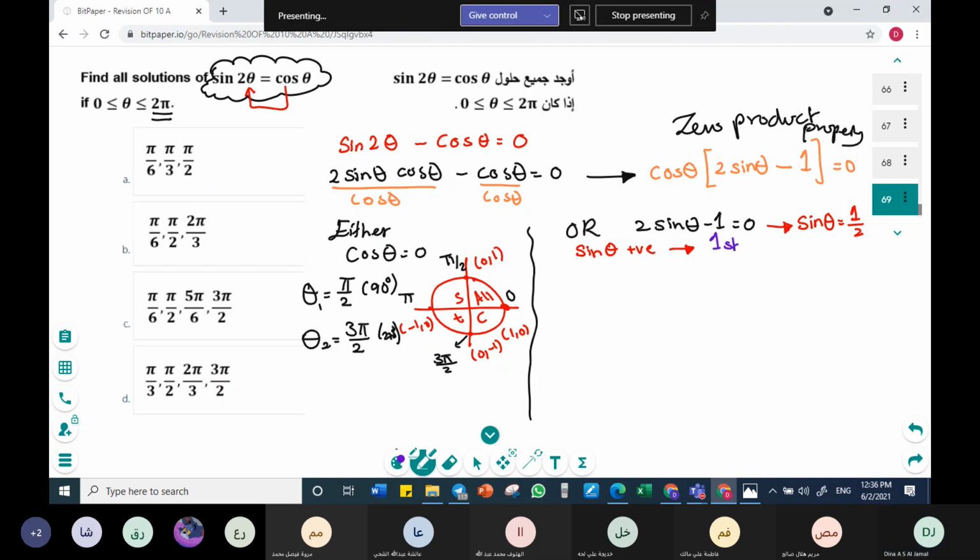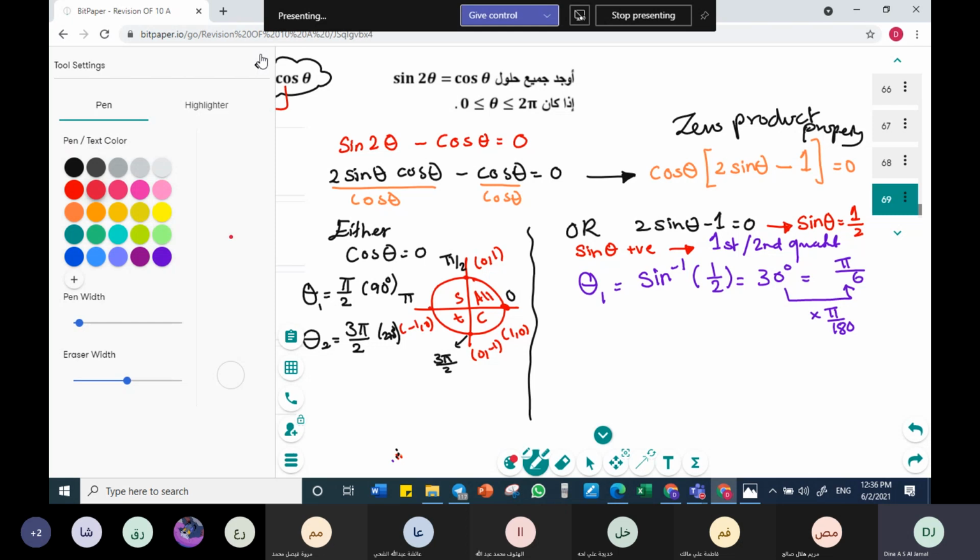First and second quadrant. So let's take the theta of the first quadrant, which will be sine inverse of 1 over 2. It will be 30 degrees in your calculator, but you need to change it to radians. So you multiply by pi over 180, which gives you pi over 6.